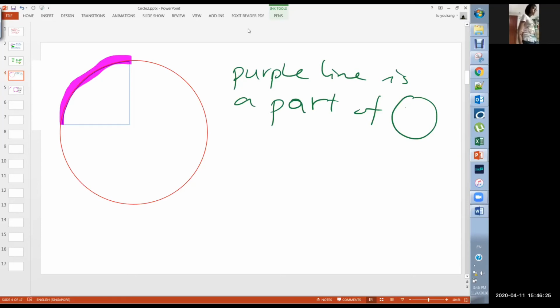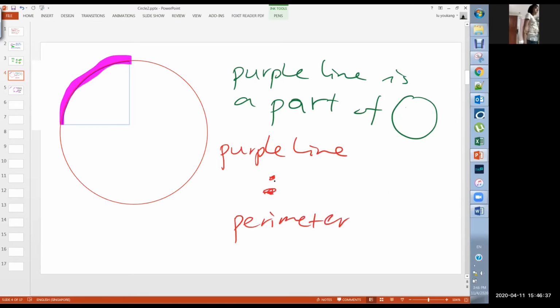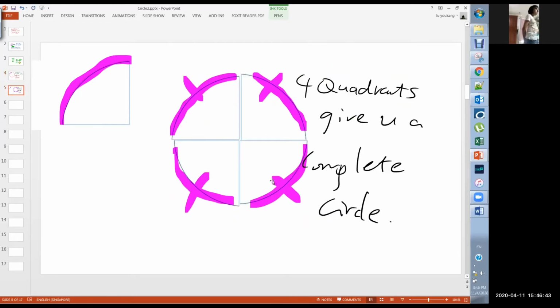So the purple line, the length of the purple line, what's the ratio to the perimeter? What's the ratio? So this is the entire circle.